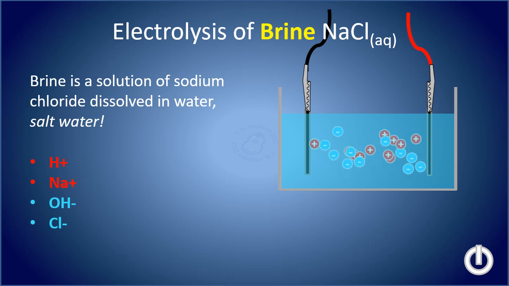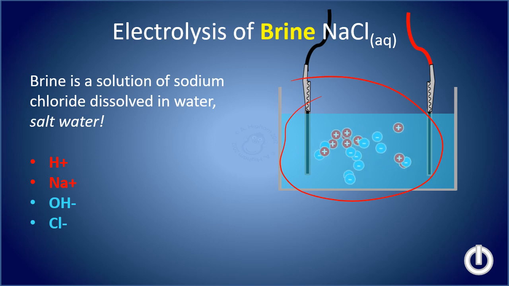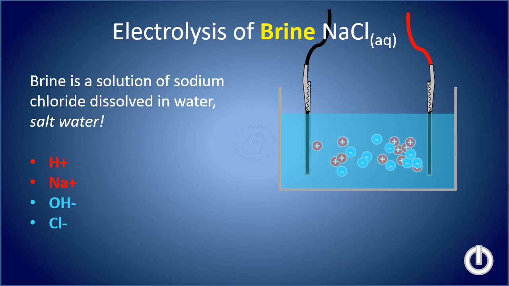So in our reaction vessel here, we've got sodium ions and chloride ions from the sodium chloride, but we've also got H plus ions and OH minus ions from the water.